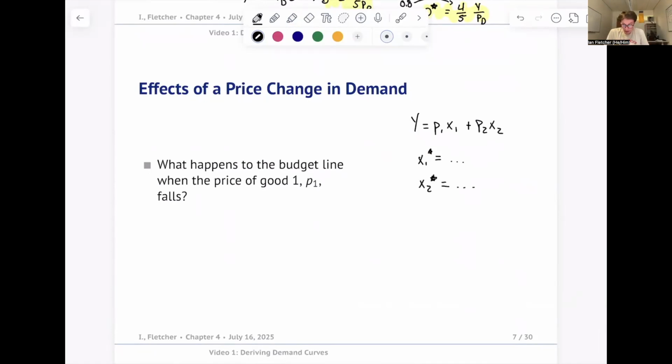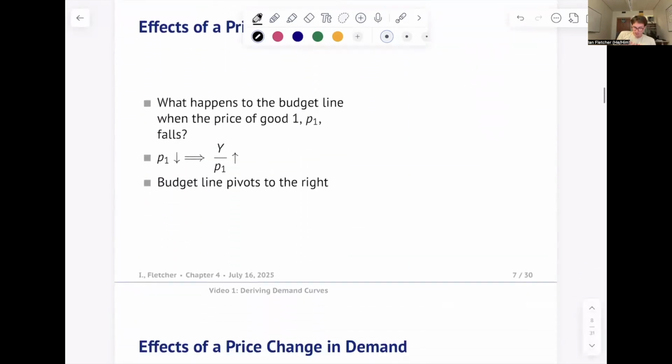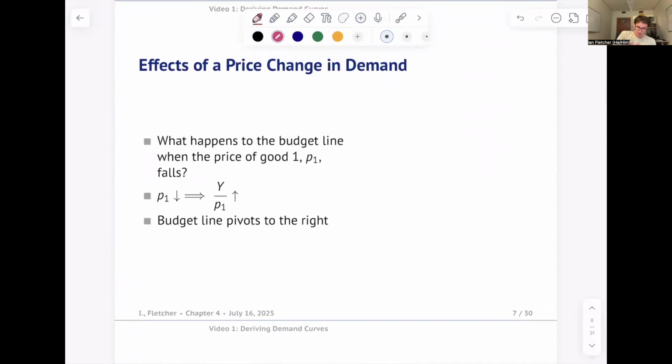Let's say that the price of P1 drops, what would happen? Well, it would mean that our ratio changes, because we know the optimal value of x1 is going to be some ratio of y to P1. If P1 drops, then this entire term should increase, right? And so that's what we just said here. So this is just me writing it out.